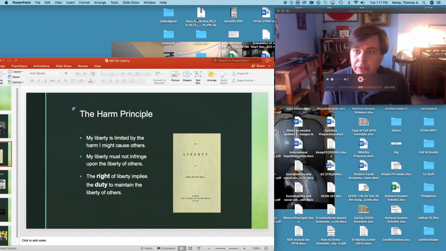These are certainly infringements upon the liberties and choices of others. And therefore, there needs to be some structure in society to ensure that those things do not happen, or if they do, there is some sanction associated with it.